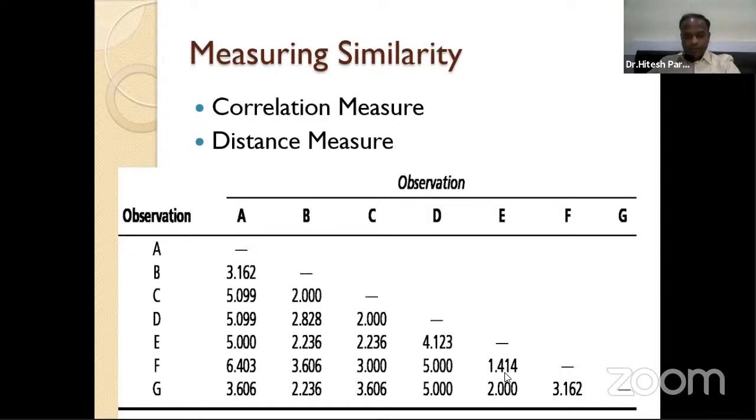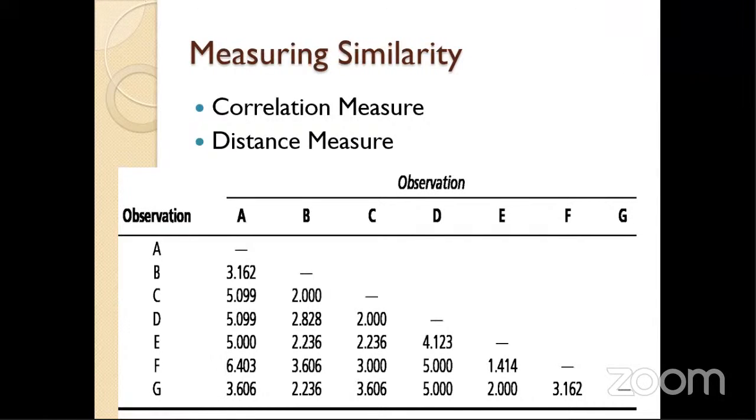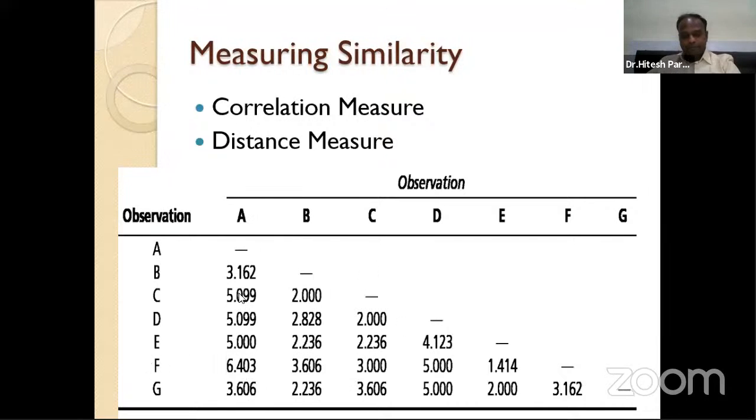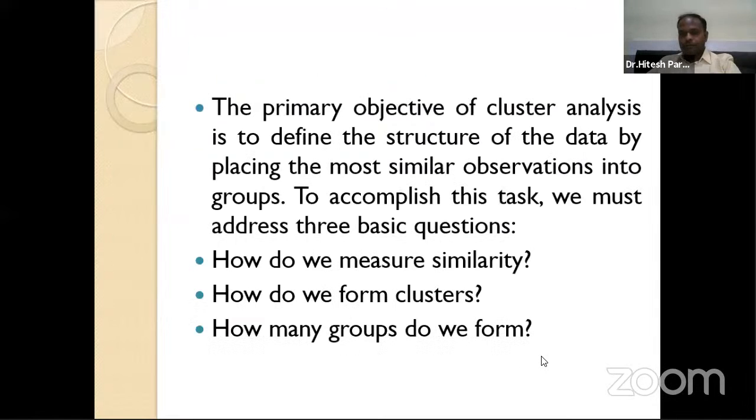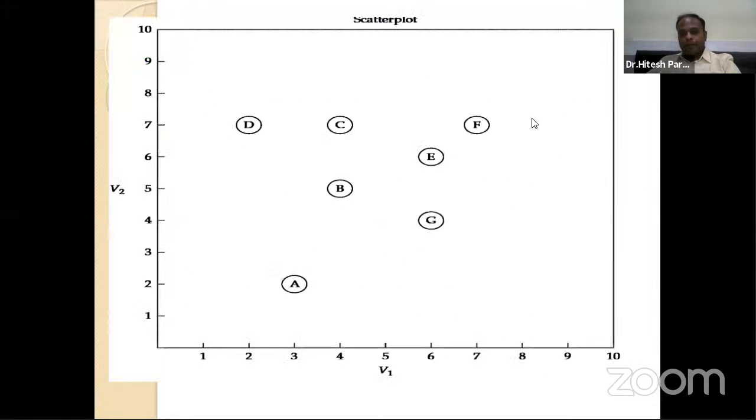The highest value that I can observe is 6.40, and it is for A and F. So A and F have the highest distance, and E and F are very near to each other.